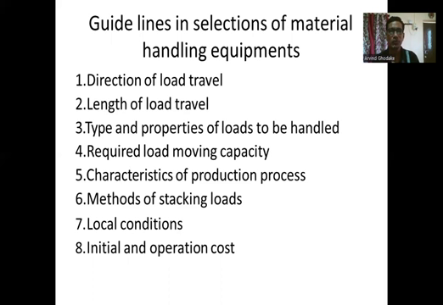First, the direction of load travel, then length of the load travel, types and properties of the loads to be handled, required load moving capacity, characteristics of production process, methods of stacking loads, local conditions, and last one is the initial and operational cost. So these are the 8 guidelines for selecting the material handling equipments.